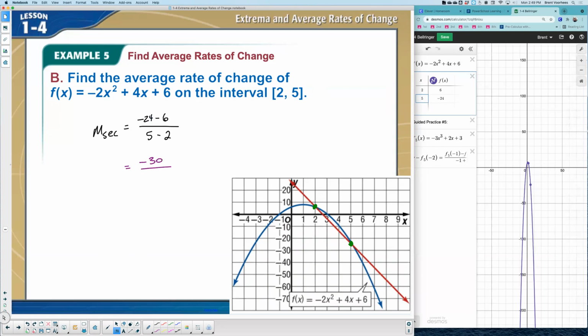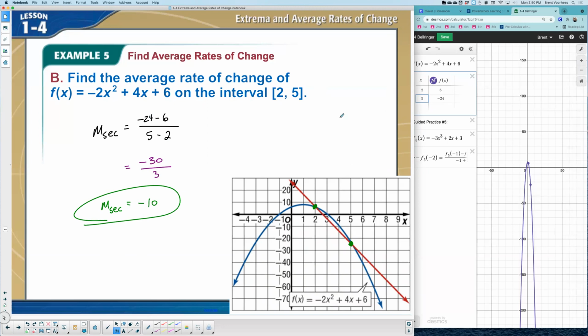Negative 30. And then 5 minus 2. 3. So the slope of my secant line will be negative 10. So every 1 unit to the right, it goes down 10 units. That would be my slope for the secant line.